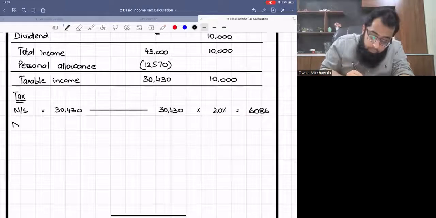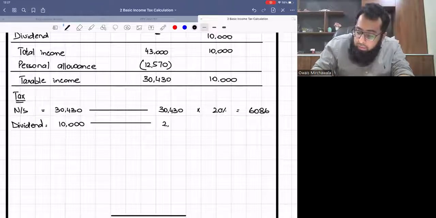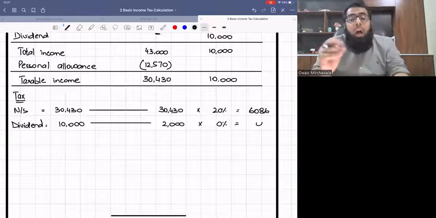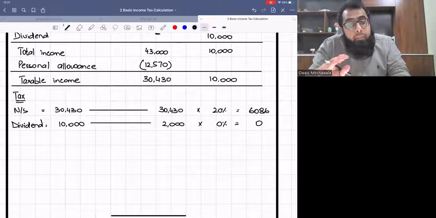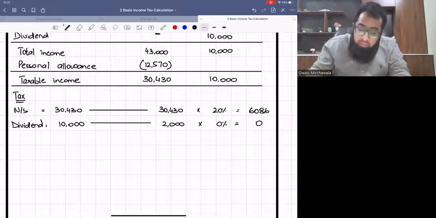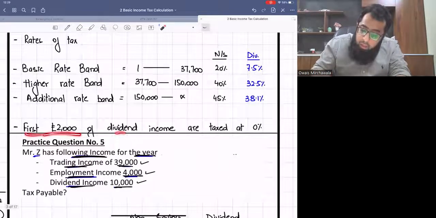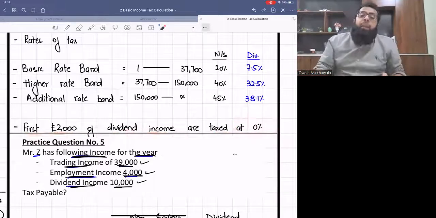Now, the dividend income is 10,000. The first 2,000 pounds of dividend income are always taxed at 0%, irrespective of whatever band you are in.